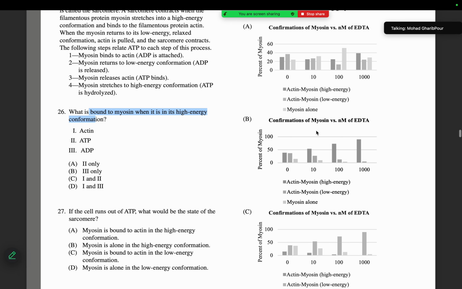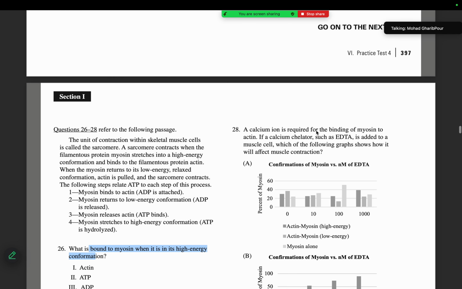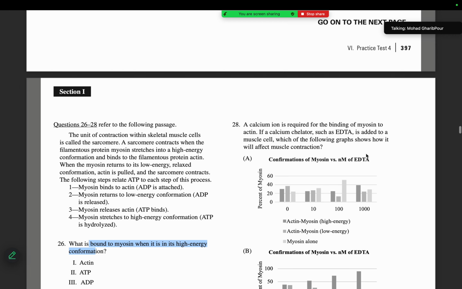Refer to binding. What is this? Calcium chelator. Which of the following graphs shows how it will affect muscle?